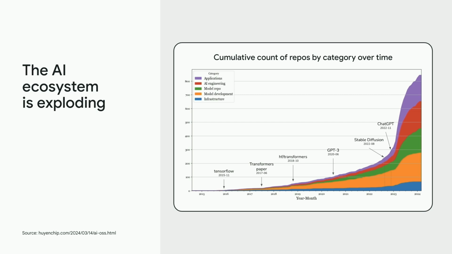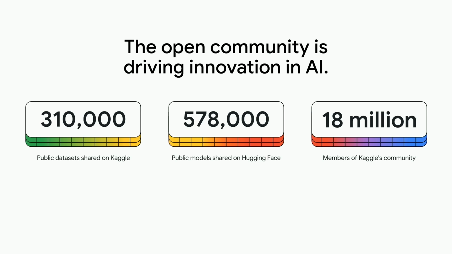You can see this chart looking at the number of GitHub repos of different AI applications, tools, etc. And it's just this huge, overwhelming landscape that machine learning developers and other folks in the field like us all in this room are trying to navigate. It's a lot. At the same time, one thing that really excites me is that this exploding landscape is being propelled in a large way by the community.